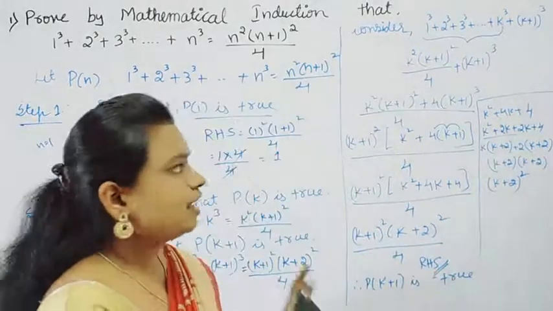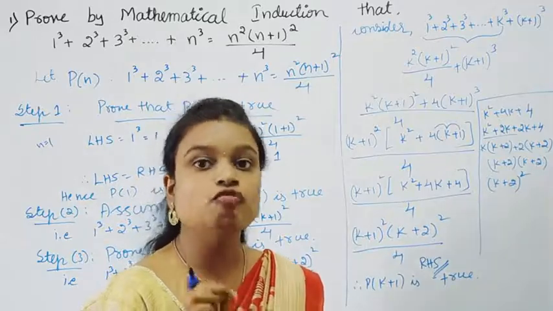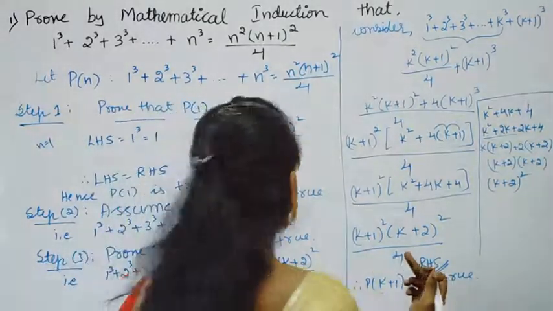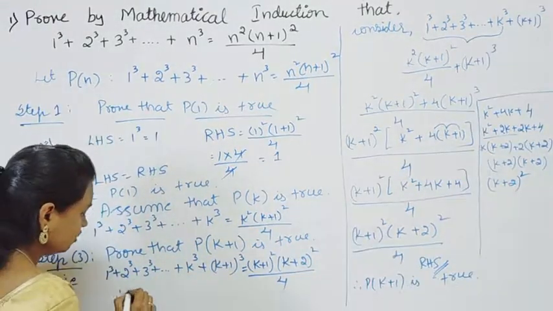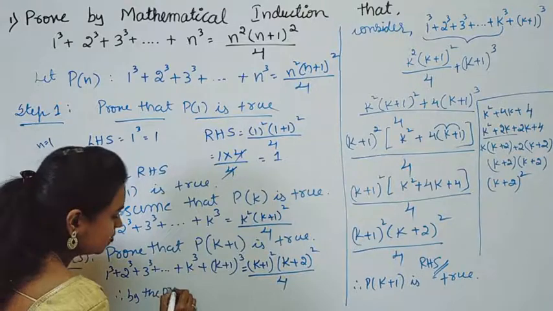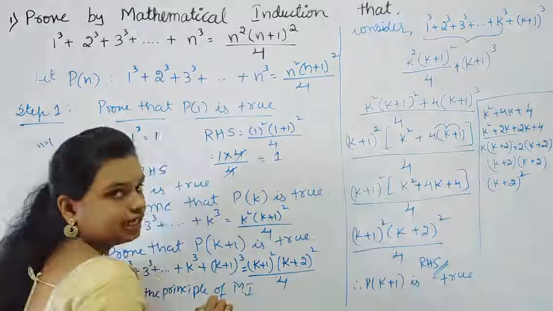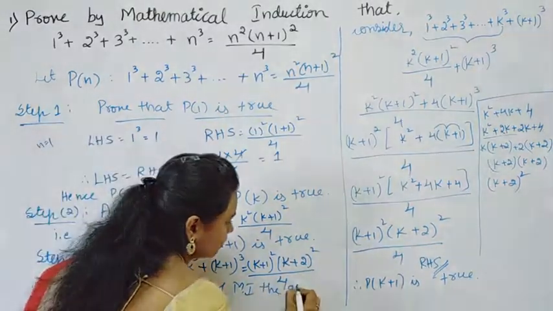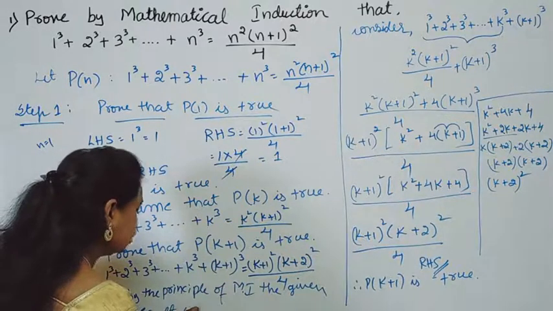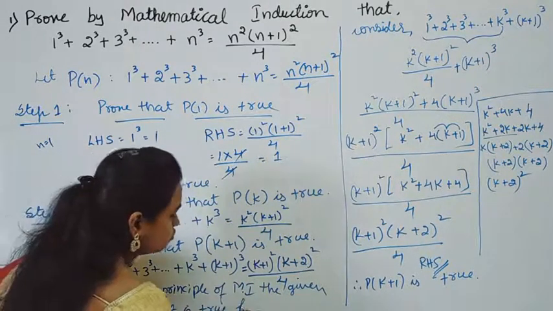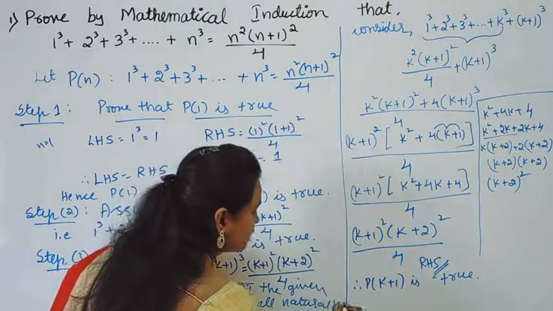So finally write down: from the principle of mathematical induction the given result is true for all natural numbers. So shall I write here? So you must write at the end: therefore by the principle of mathematical induction, the given result is true for all natural numbers.